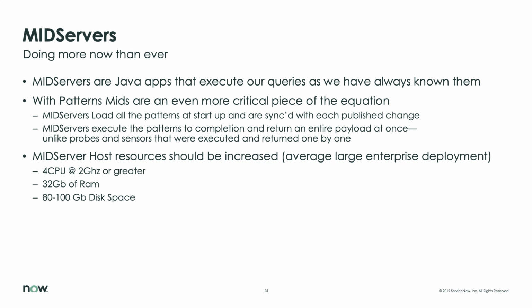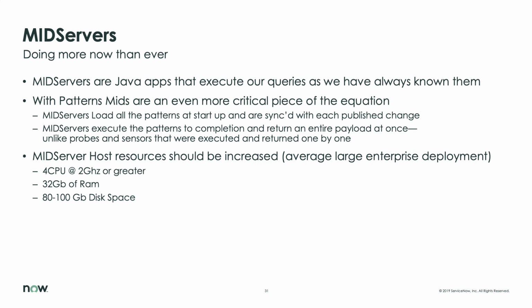Now, what some of our PS friends out there have seen is that they are increasing host resources, so do your good due diligence in looking at how your mid servers are performing now with probes and sensors. Look at their CPU and memory consumption through the dashboard and identify that, hey, I may need to throw a little bit more memory, maybe some more CPU if those are already peaked out.